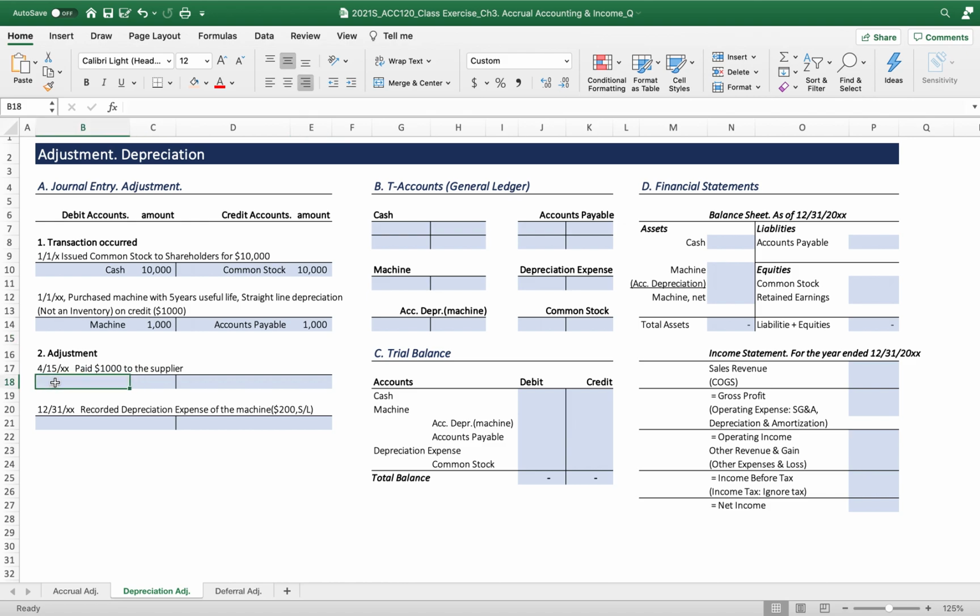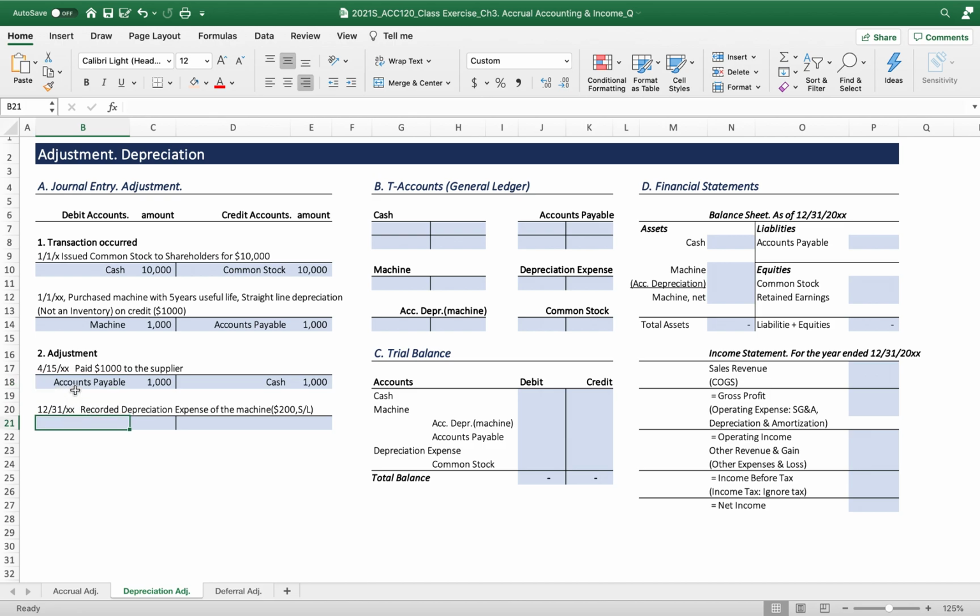So how do you record? Once the company paid cash, this liability should be reduced, so cash should be reduced. Cash reduced, and liability reduced: the cash down, the asset down, and liability down.